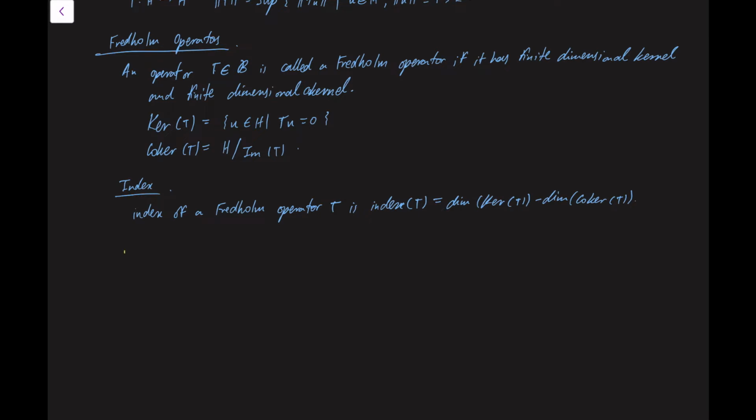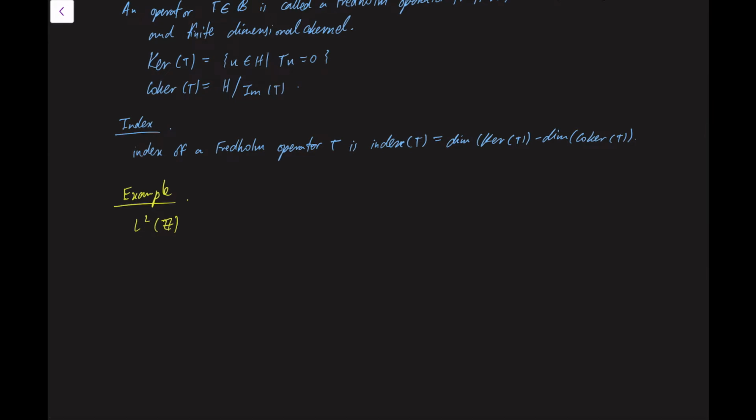So let's look at the example where the Hilbert space is the set of all square summable sequences.